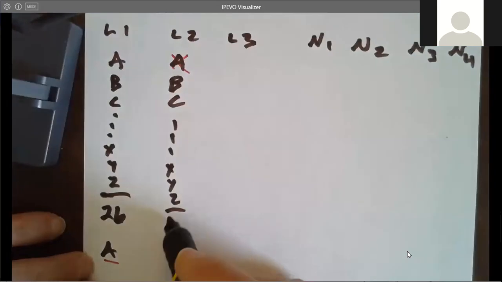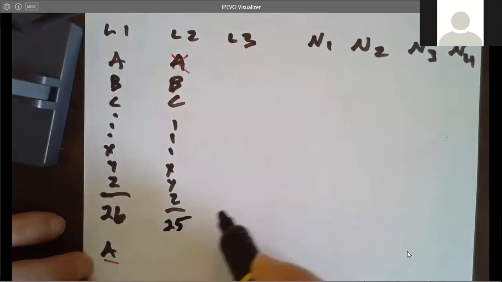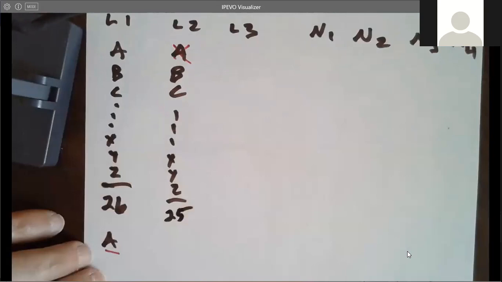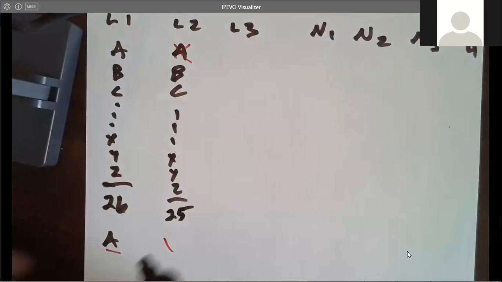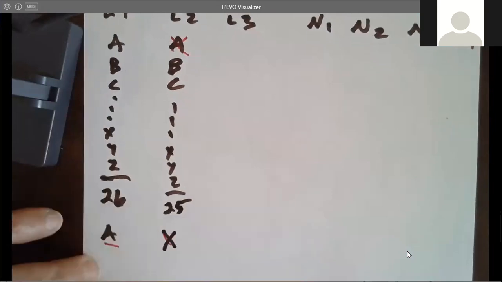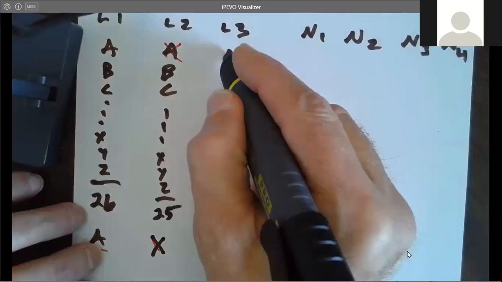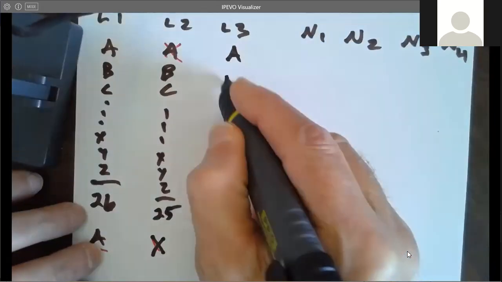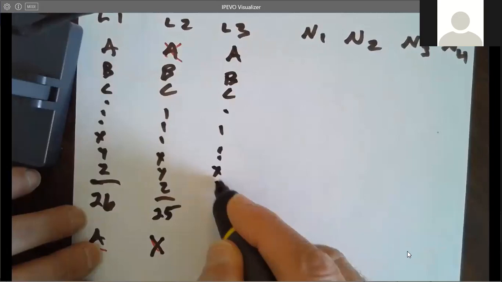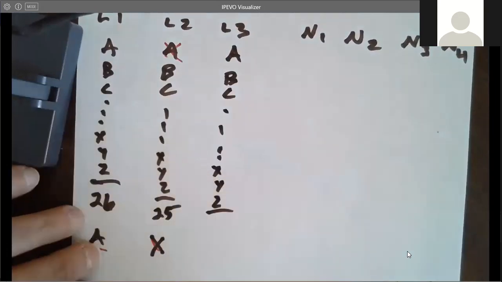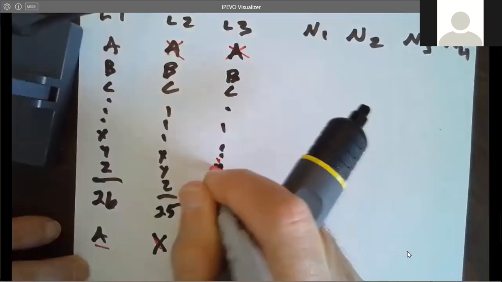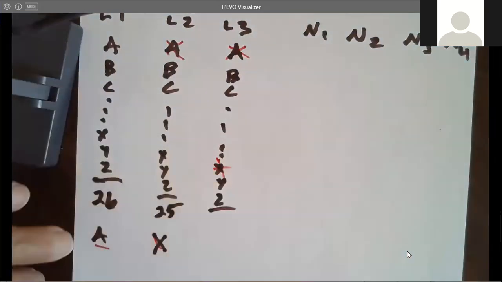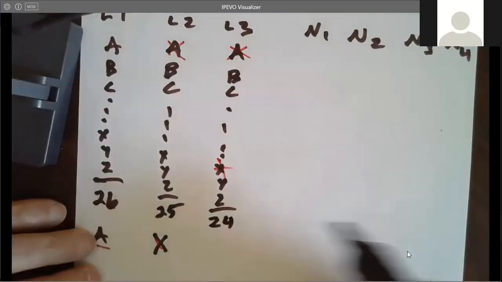Instead of 26 letters, now there's only 25. Now let's say the next letter we choose is X. So A can no longer be used because it's already been used once, and X can no longer be used because that was already used once. So now you've got 24 letters left over.